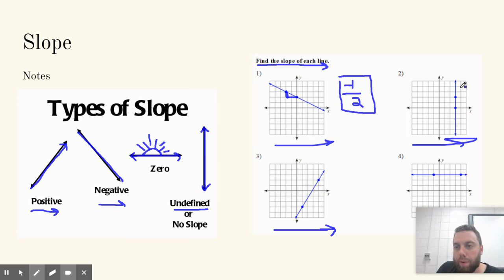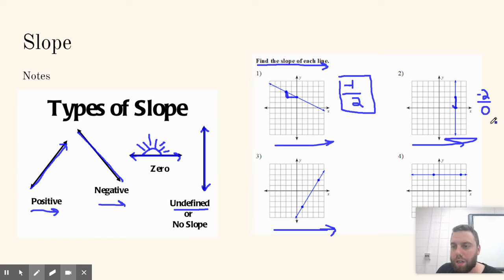Now, looking at this line right here, we could do the math if we wanted, where we start at the point on the left. This one doesn't really have a point on the left, so we just pick either point. And are we going up or down? We're going down. So that's down 2, so a negative 2. Forgot that negative on the first one. Please forgive me. Negative 2. And are you going over at all? No, it's just straight down. So it's over 0.